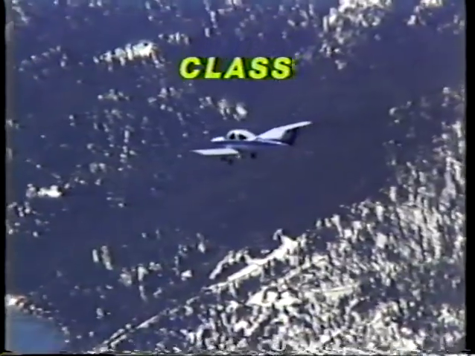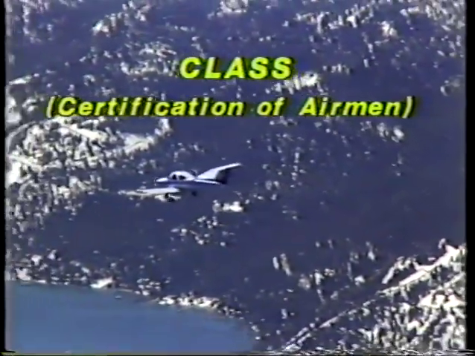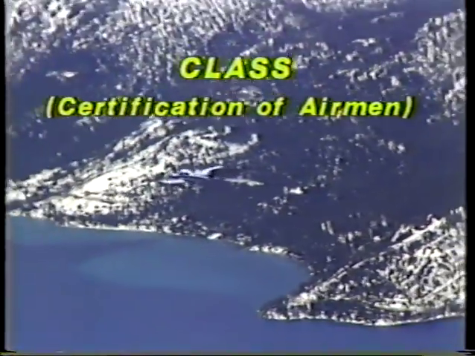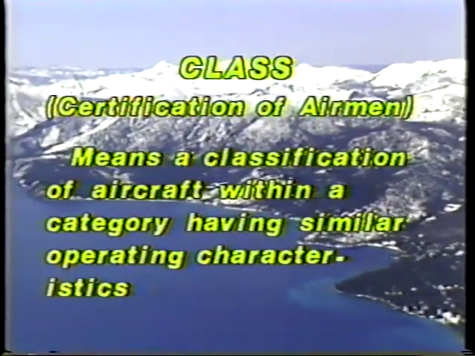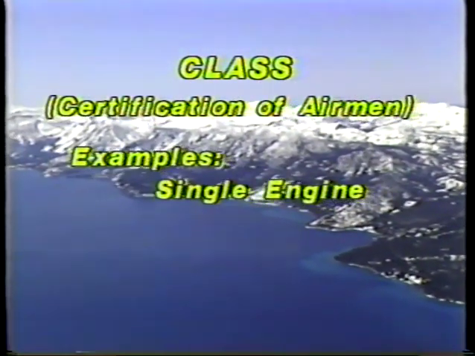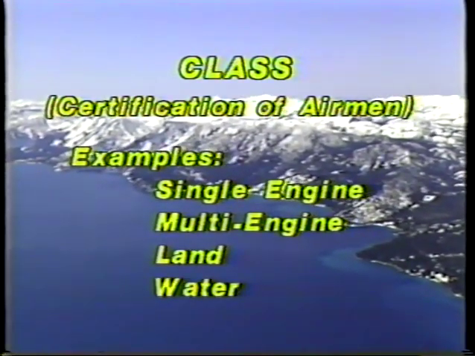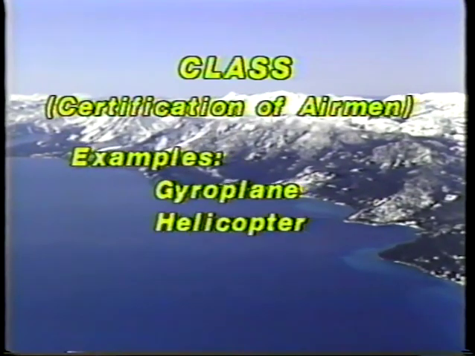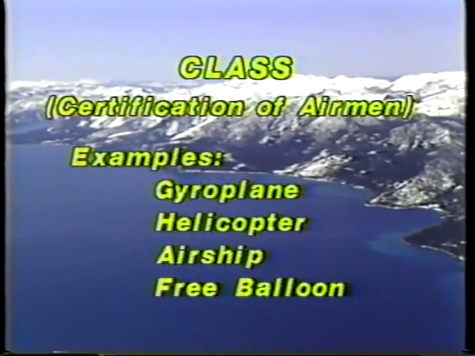The word class, when used with respect to certification, ratings, privileges, and limitations of airmen, means a classification of aircraft within a category having similar operating characteristics. Examples include single engine, multi-engine, land, water, gyroplane, helicopter, airship, and free balloon.